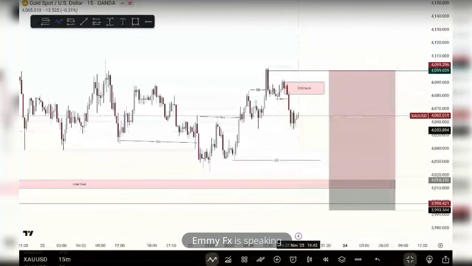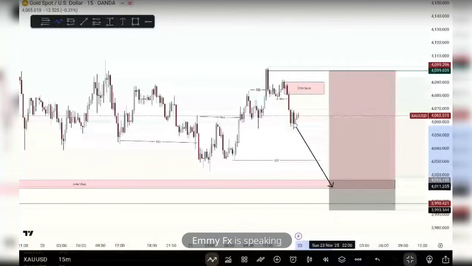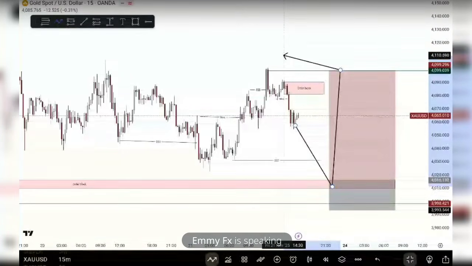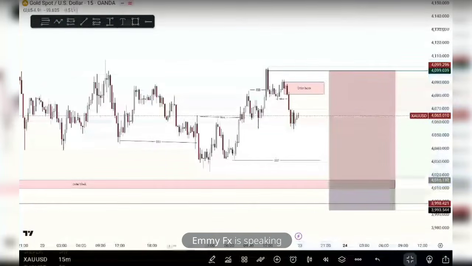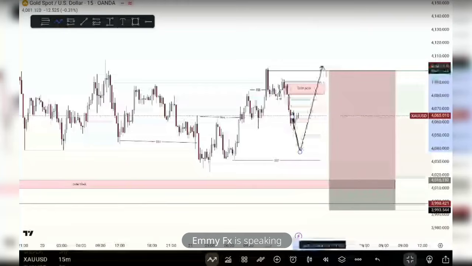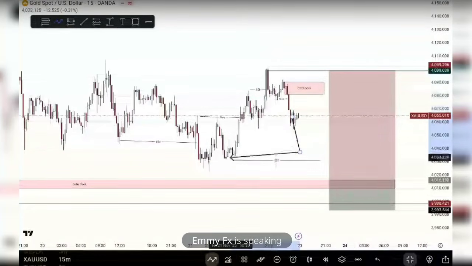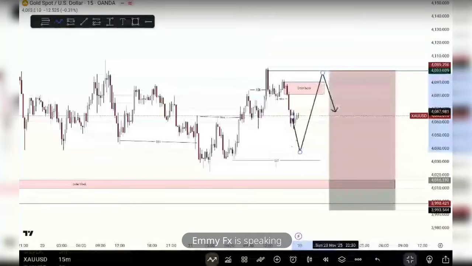Since we are using it as inducement, all we need is for price to tap from this zone and push to the upside to take out this liquidity, which is resting here. Now, price could also tap in from this order block and react from this buy demand zone before pushing to the downside.